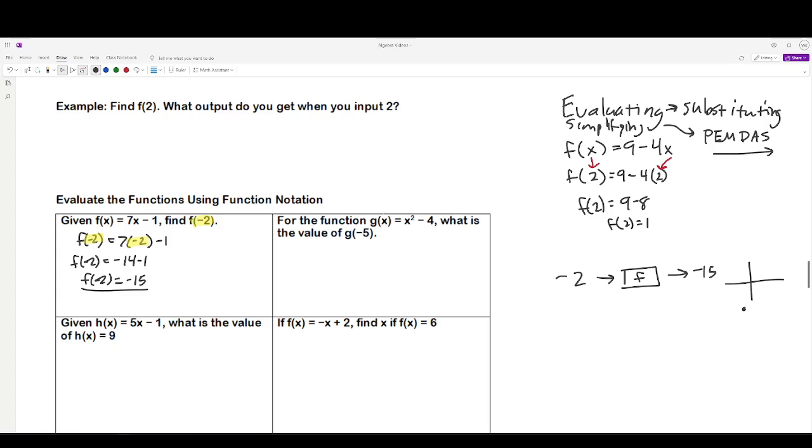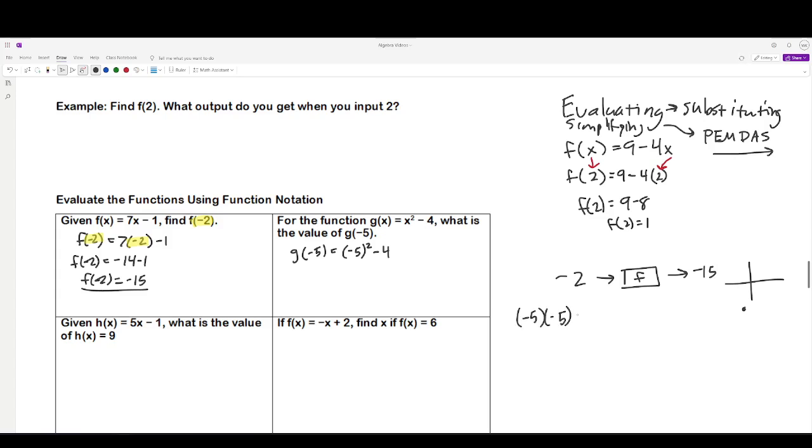For the function g of x equals x squared minus 4, what is the value of g of -5? So g of -5 is equal to, we put -5 where x was, and we square that, minus 4. -5 squared, remember that means -5 times -5.